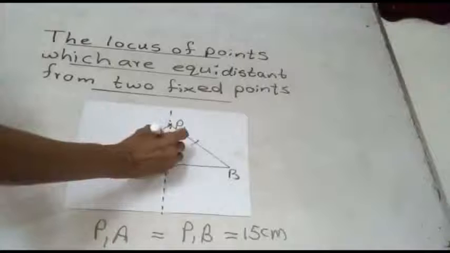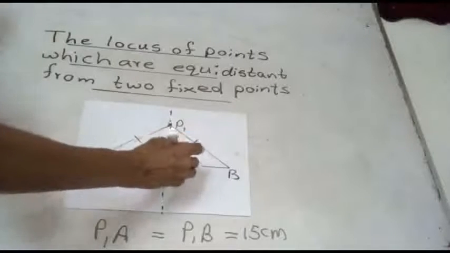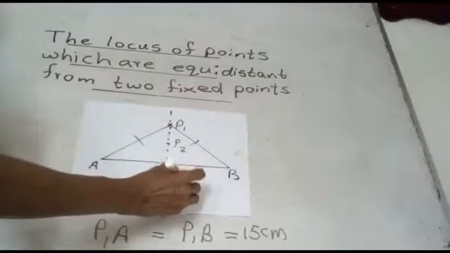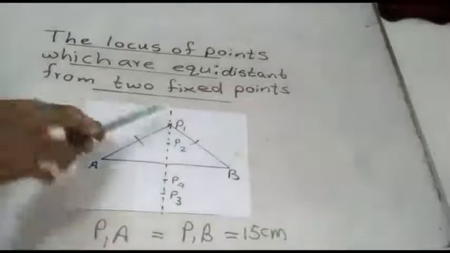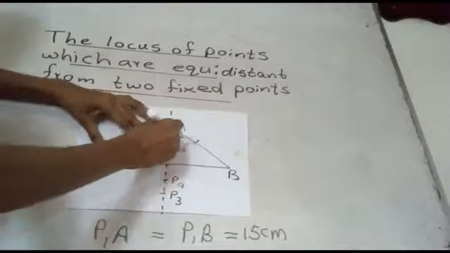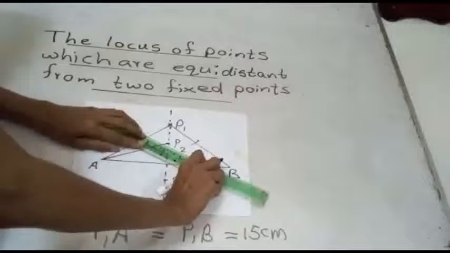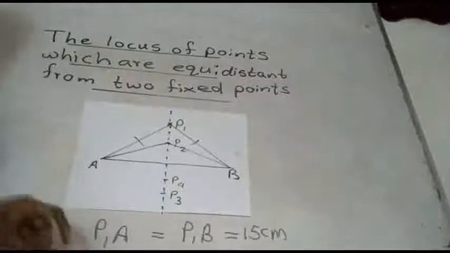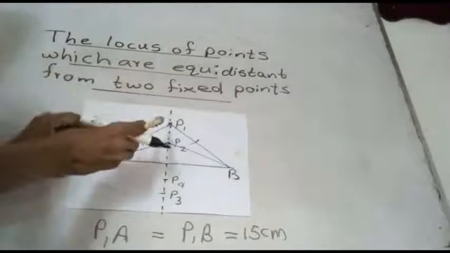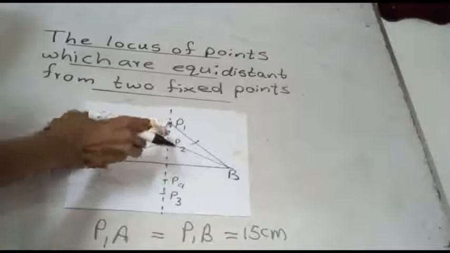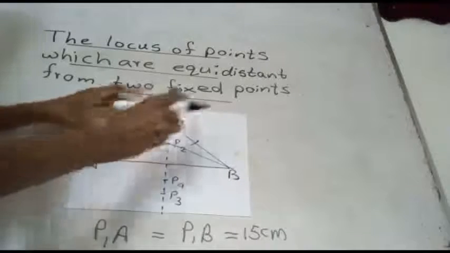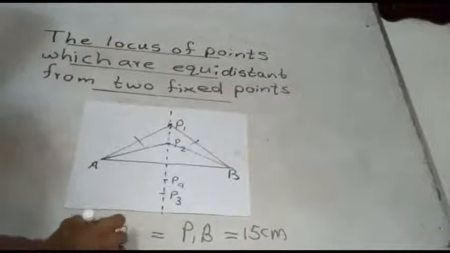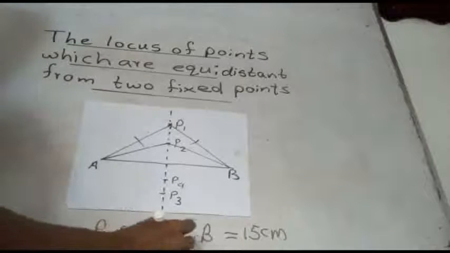Here mark several more points, P2, P3, P4, etc. Now mark P2A and P2B and measure them. P2A is equal to P2B.